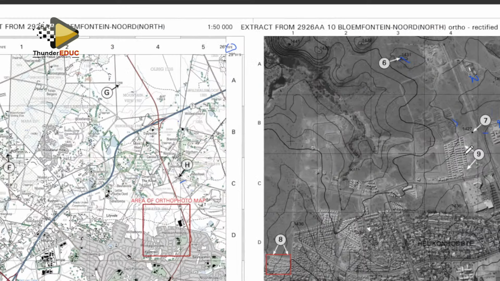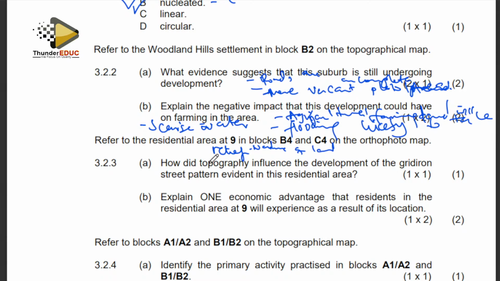This area here, you see the nature of the road, the construction here is in the form of blocks or grids. How did the topography, the nature of the land, influence the grid structure in that sense?